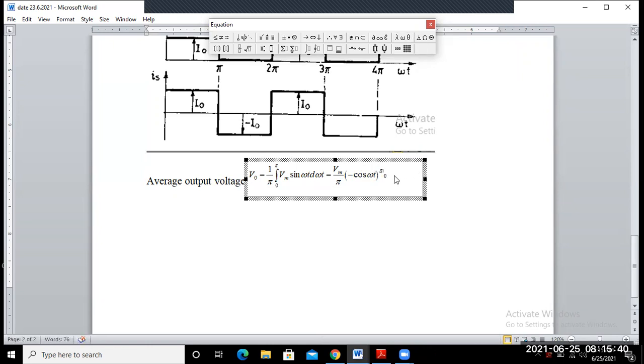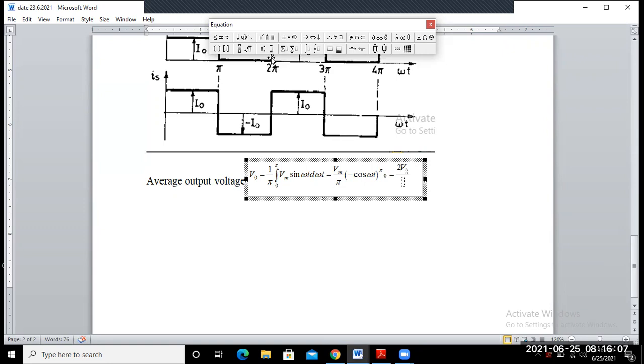So when you put the lower limit and upper limit, this one becomes 2 Vm by pi. That means maximum value.